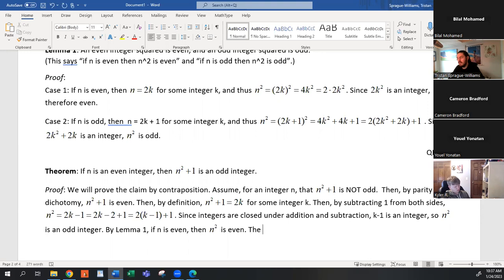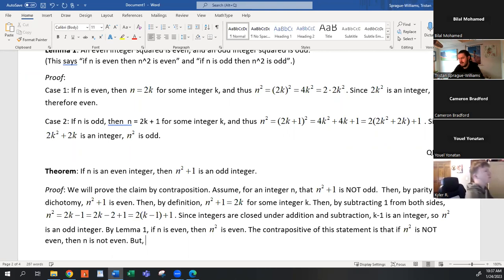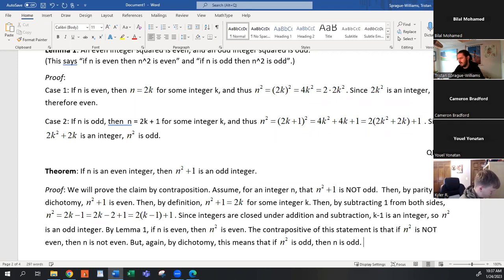Well, the contrapositive of this statement is that if n squared is not even, then n is not even. But again, by dichotomy, this means that if n squared is odd, then n is odd.